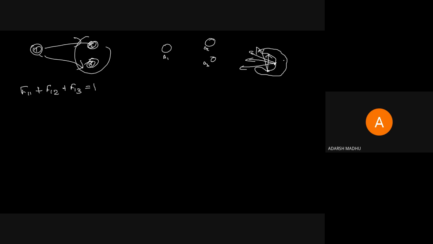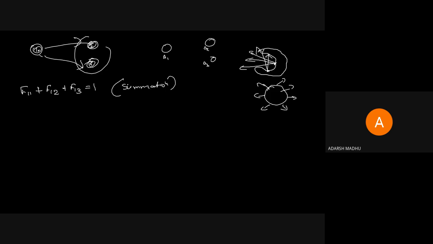This happens in concave bodies only. If it is a convex body, it emits radiation from one body to another only, not from that body to itself. So F11 plus F12 plus F13, and if there is a fourth body, F14, equal to 1. This is the summation rule.